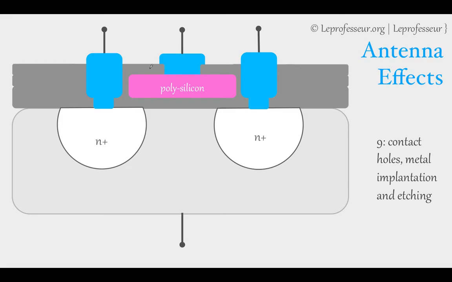if the charge is accumulated here more, the current will flow more through this metal, and this more current will go here and more current will go here.